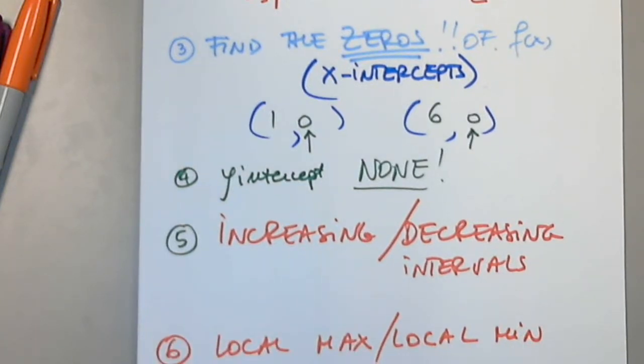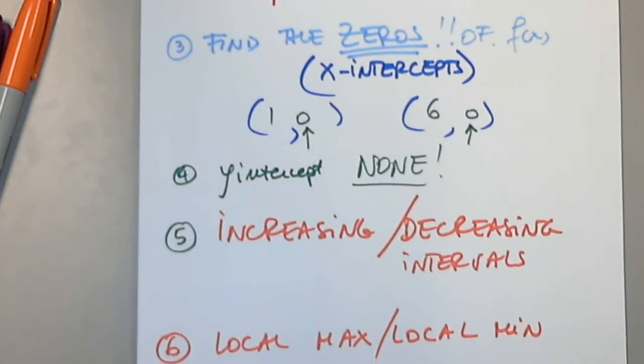There is another word that is a synonym to local. Some books use the word local. Some books use the word relative. They mean the same thing. So relative max, relative min, or local max, local min.